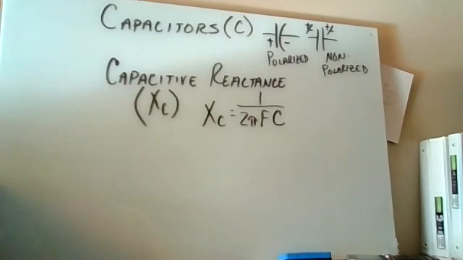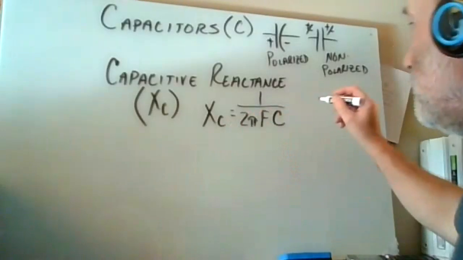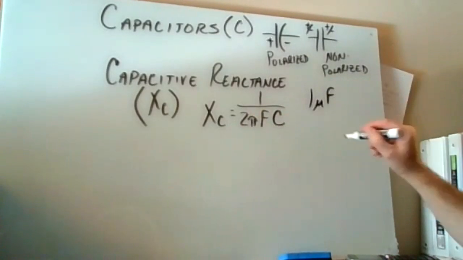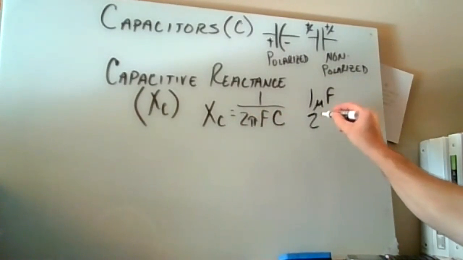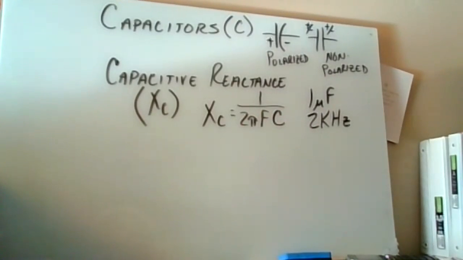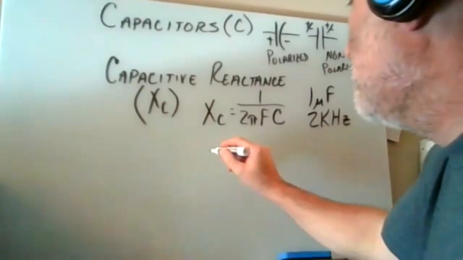Okay. So if I told you you had a 1 microfarad capacitor in the circuit, and our frequency was 2 kilohertz, how would I find my X of C?